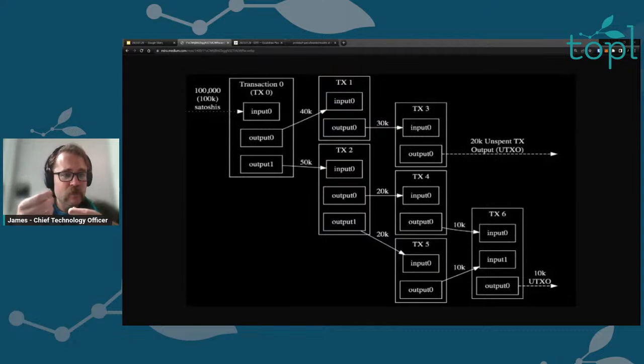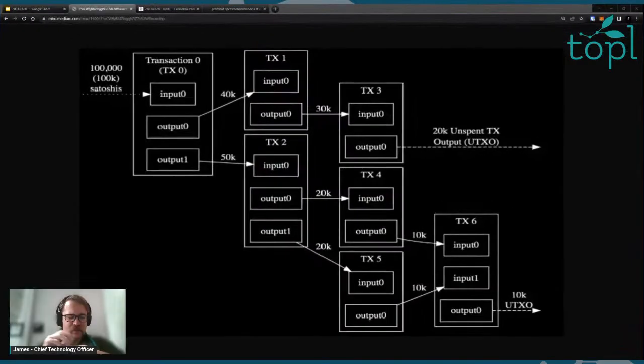It's acyclic. And the directed part means that there are parent-child relationships. You go from one and it points to another, and that's what I mean by parent and child. And you never go backwards. That's exactly what we see here, right? You always go from left to right.